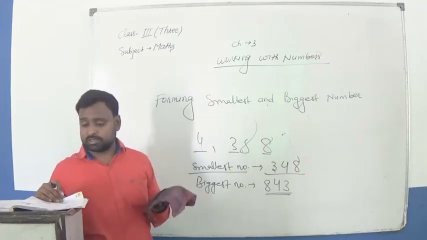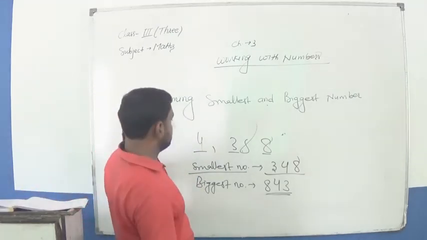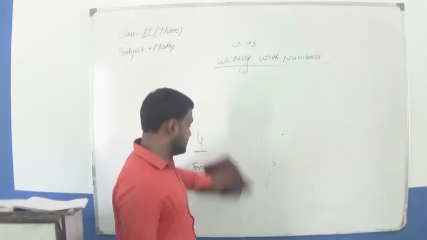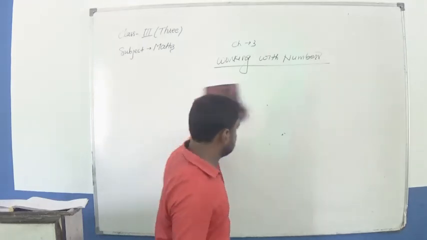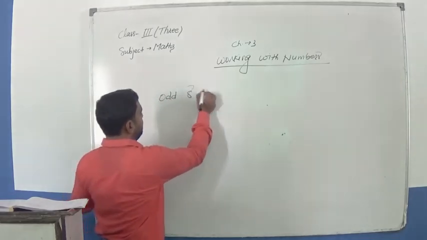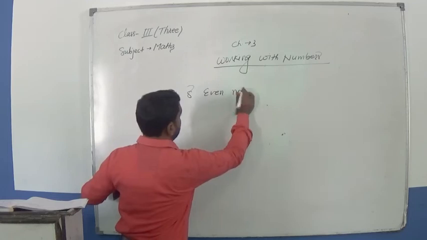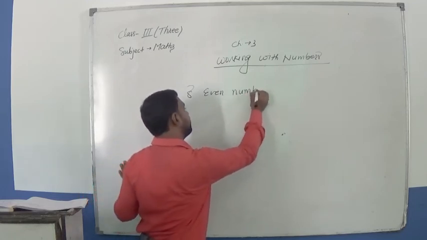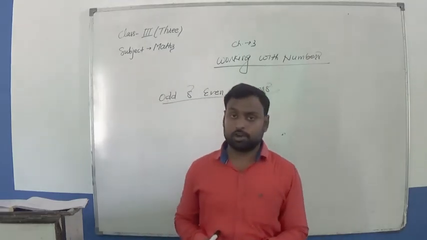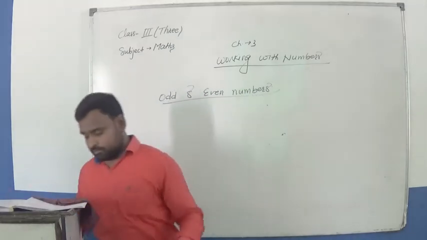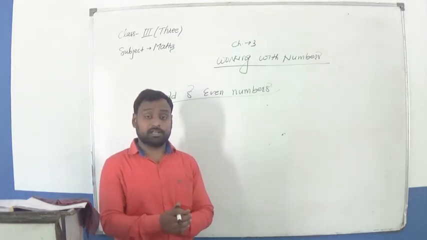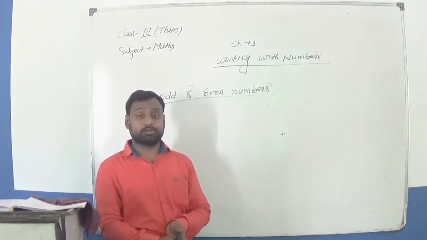Now one thing you have to learn, that is the odd and even numbers, the last topic in this chapter. A very simple definition: to be an even number, that number must be divisible by 2.